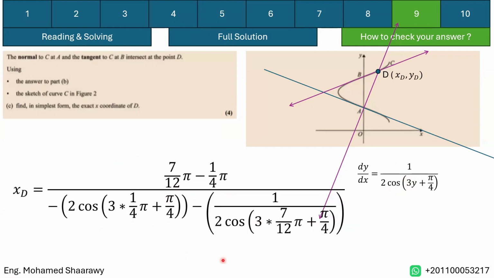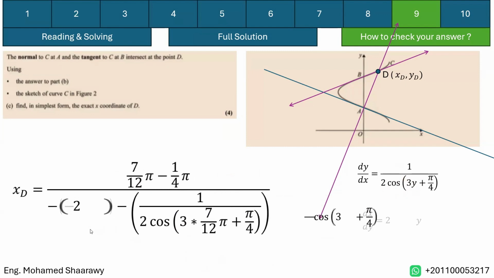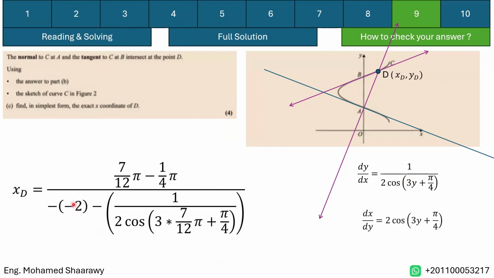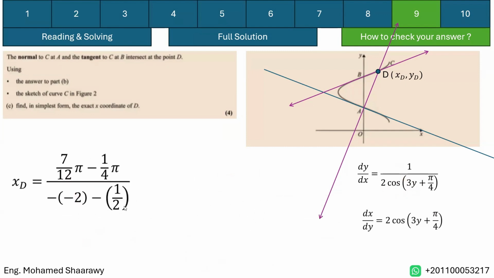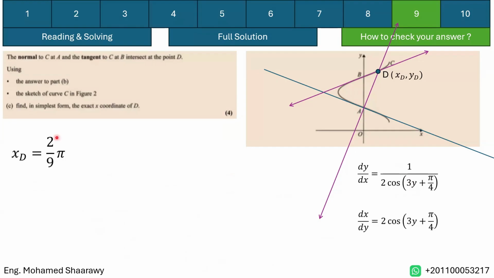And now let me simplify this. This will be negative 2. This will be half. And actually, if you simplify this, it will be 2 over 9 pi. And that's my answer.